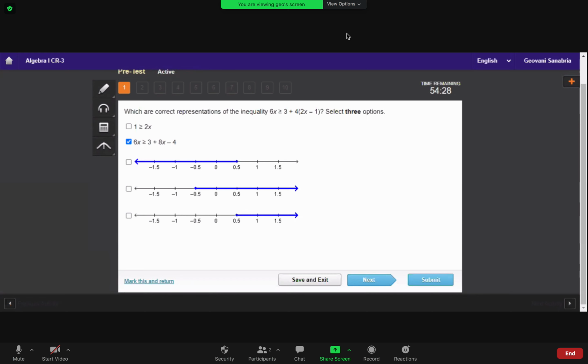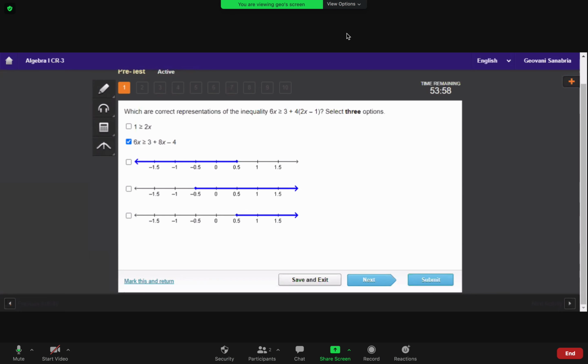So I subtract 8x from 6x. Yes, you should get a negative number. Negative 2x greater than or equal to negative 1.